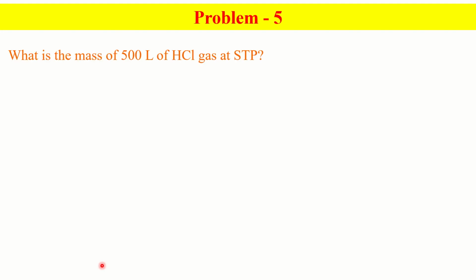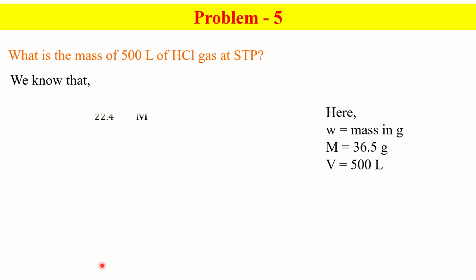Here also you have to use two formulas, that is n = W / M = V / 22.4, where everything you know, just you have to find out the value of W, the mass of HCl. So W = M × V / 22.4.